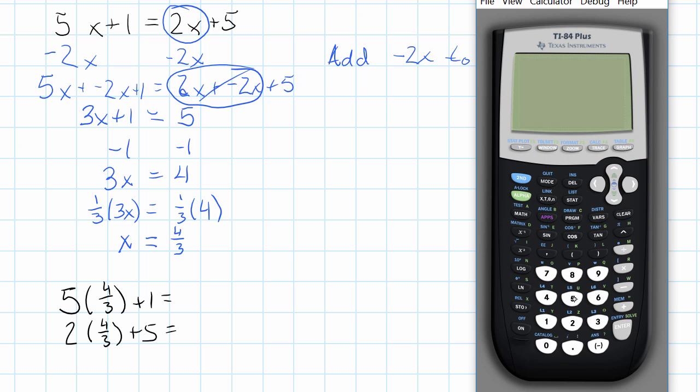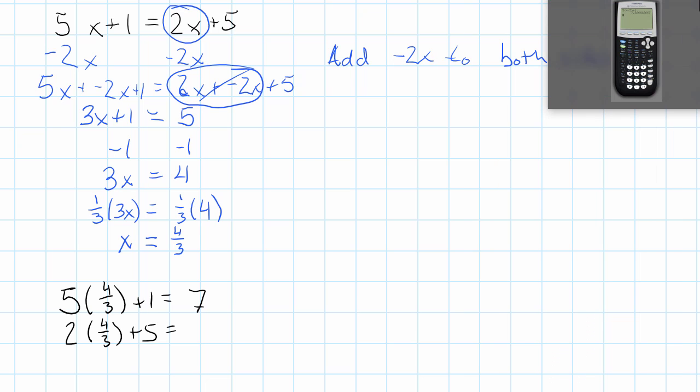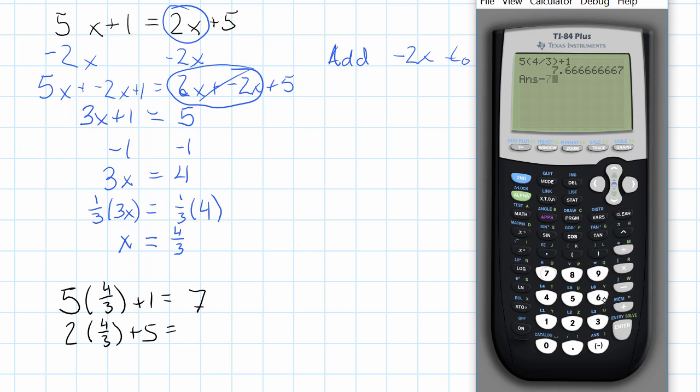We'll say 5 times 4/3 plus 1. And that's 7 and 2/3.